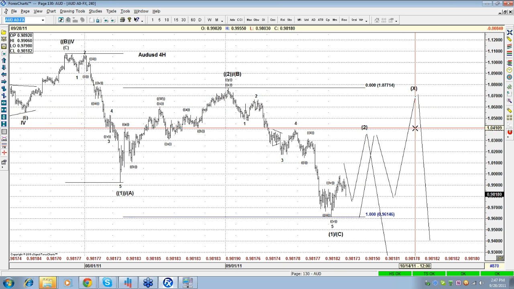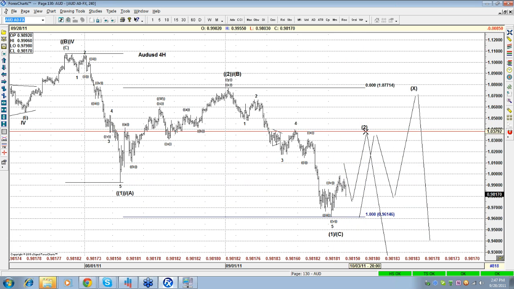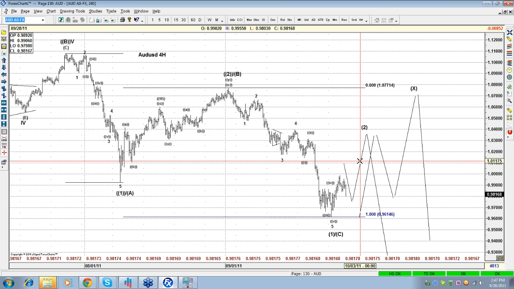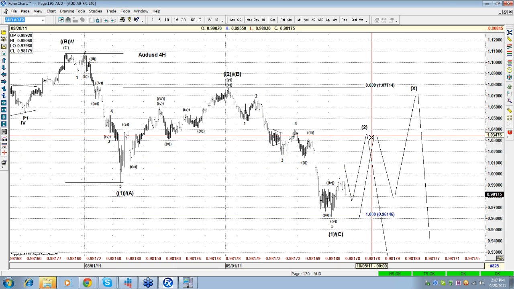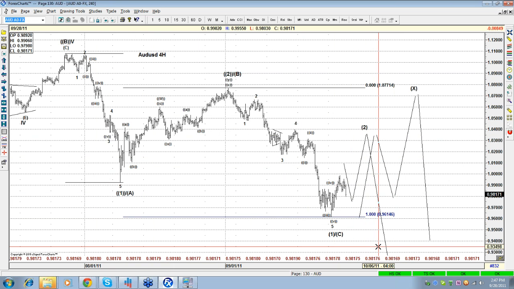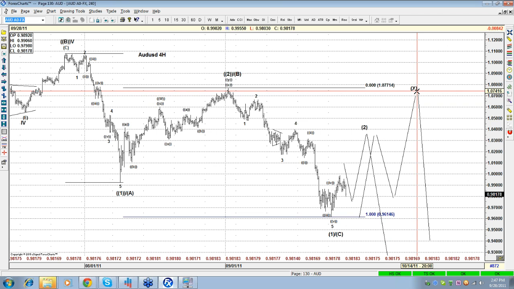Now, Aussie, I'm more in favor of this scenario. There's more of a wave two, but like in the euro, there is no insurance that this is a 1-2-1-2. No one can insure that. So maybe Aussie is here for a bigger retracement. Who knows?